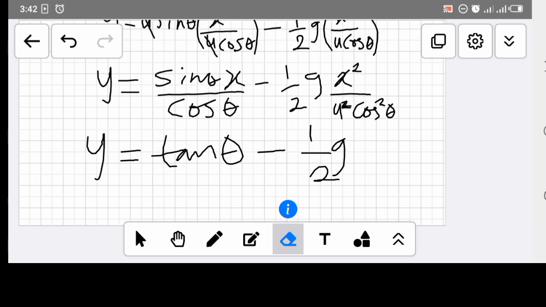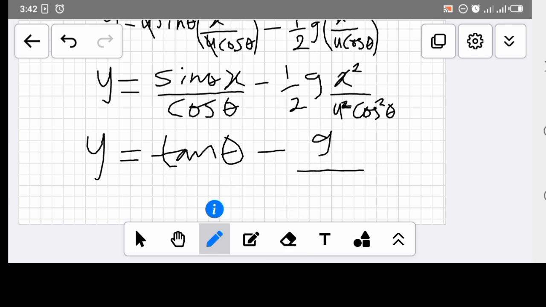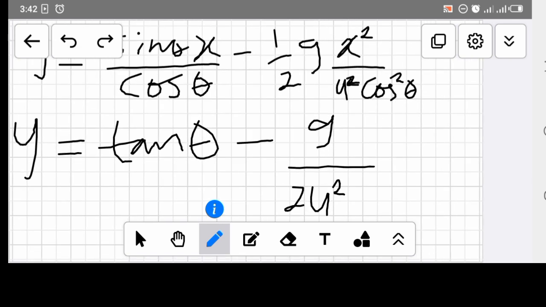Okay, let's put it in a simpler way. So I can have g times 1 is g over 2u squared cos squared theta multiplied by x squared.